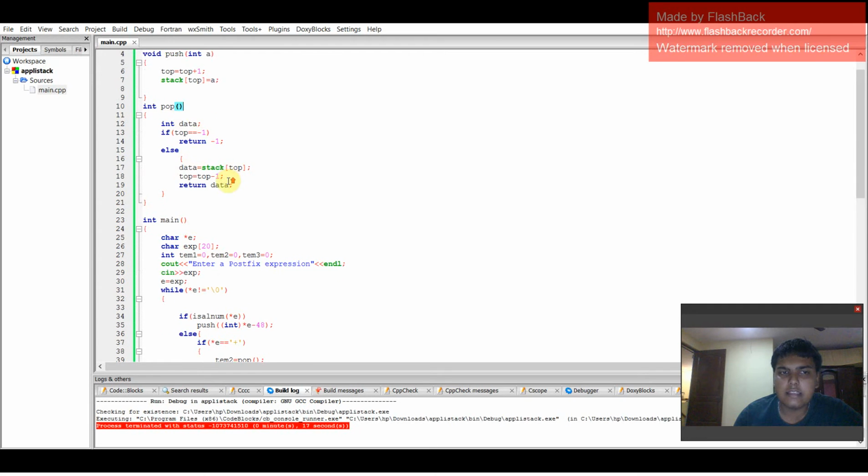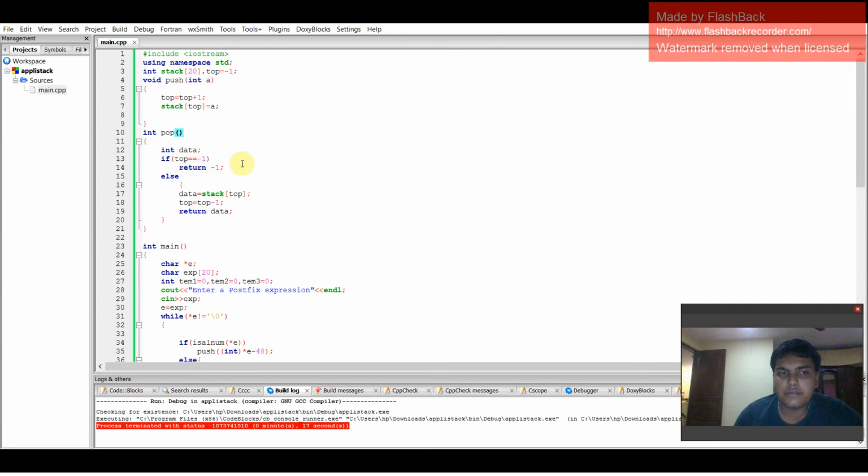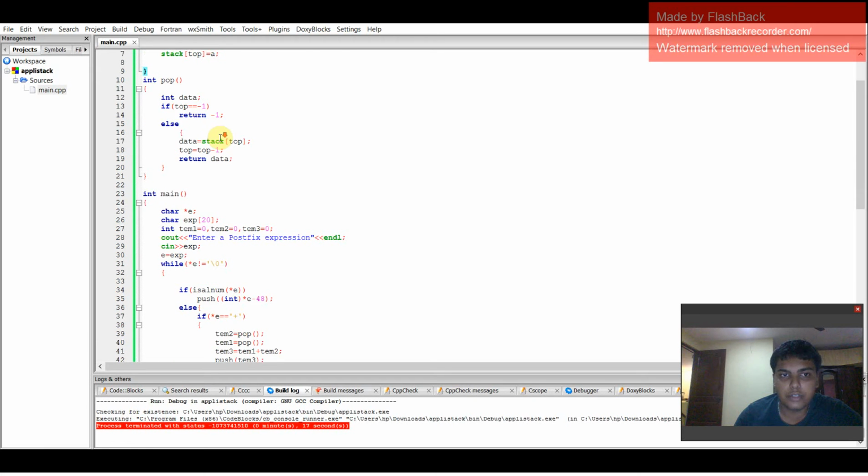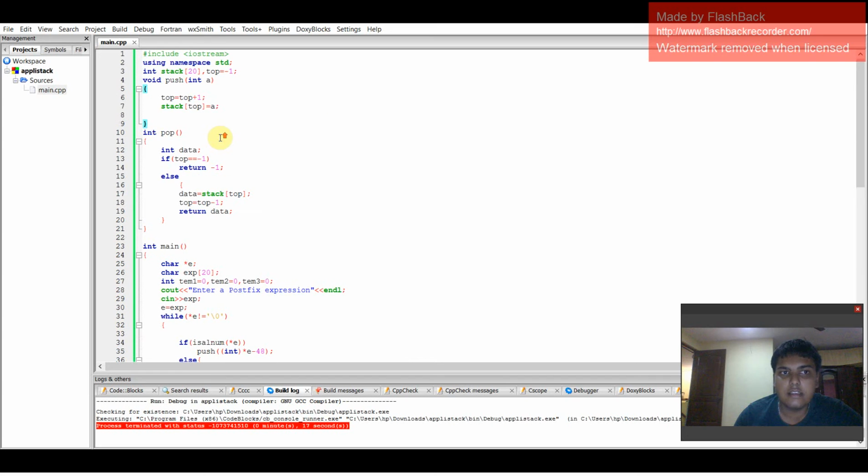Then all these are basic initialization. Top is -1 means it is empty. Then later you have to add the data to the top, and this is how to pop. For popping, it should not be empty, otherwise you cannot pop. For pushing, it should not be full, then only you can push into the stack.